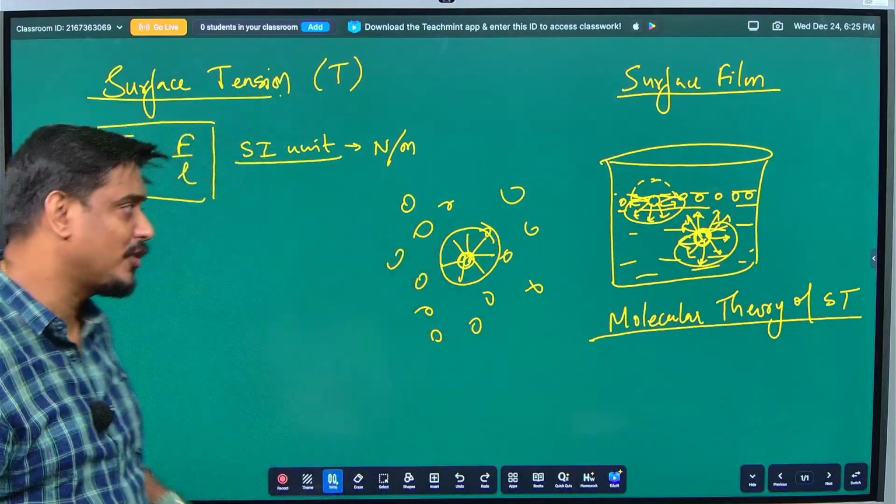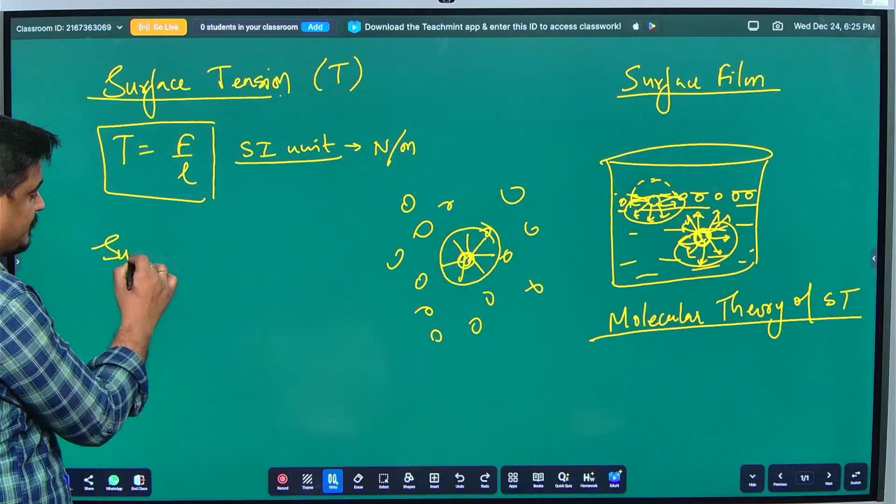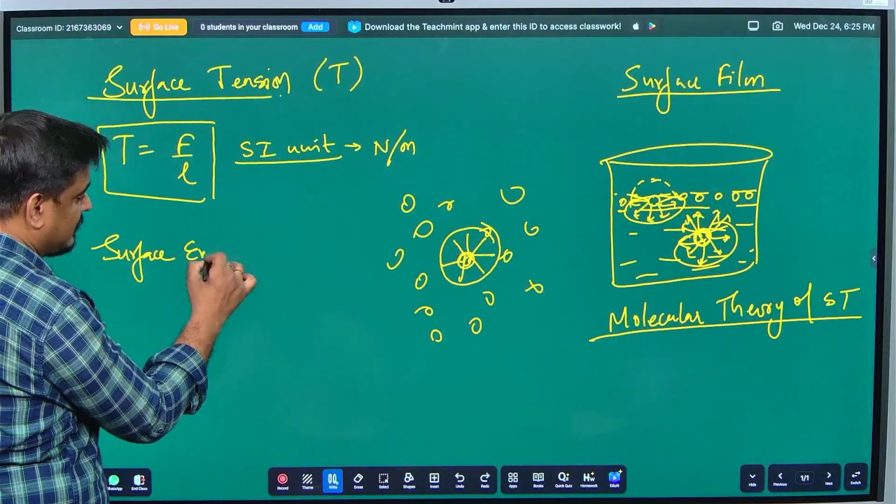Change the paragraph and also write the definition of surface energy.